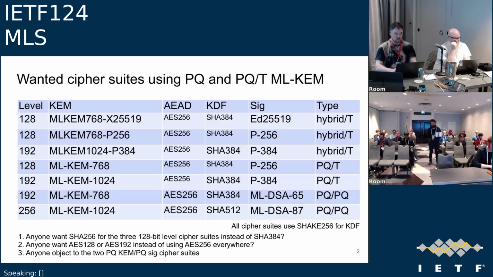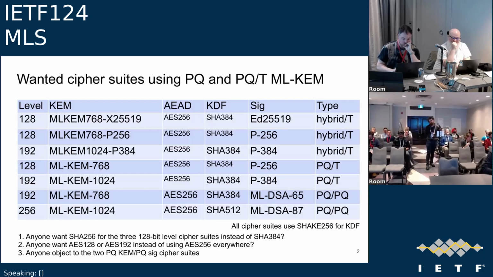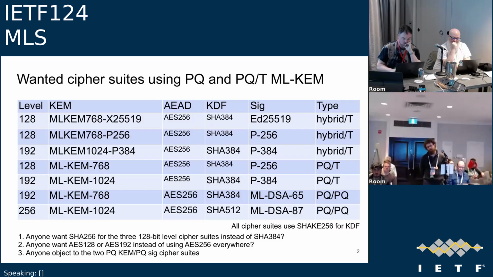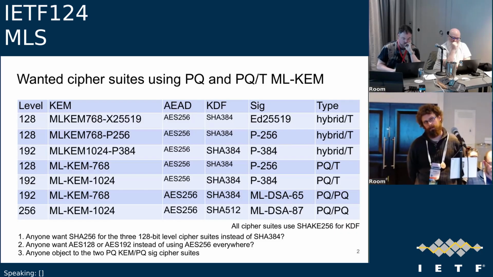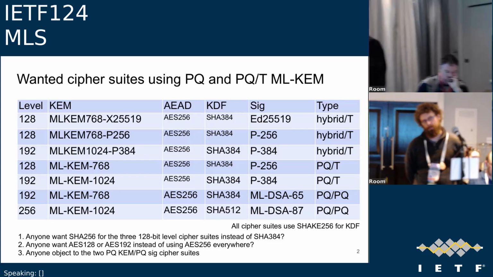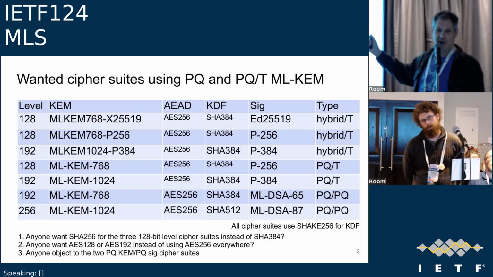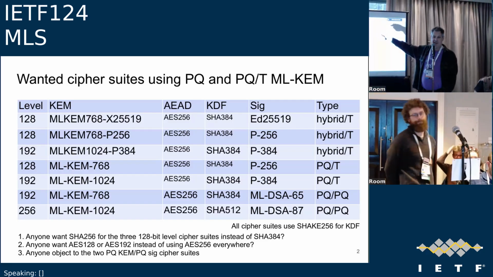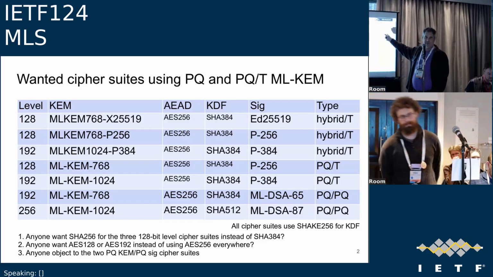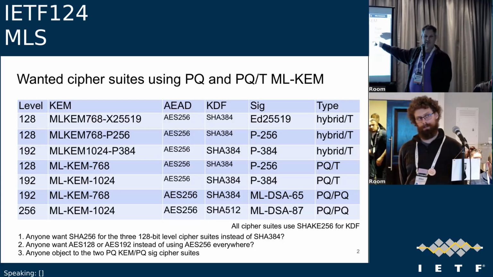Mike Ounsworth: That type column makes my brain hurt. Can you explain what that is doing? On the left side of the slash is the chem. On the right side is the signature algorithm. So this is a hybrid chem, traditional signature for the first 3.